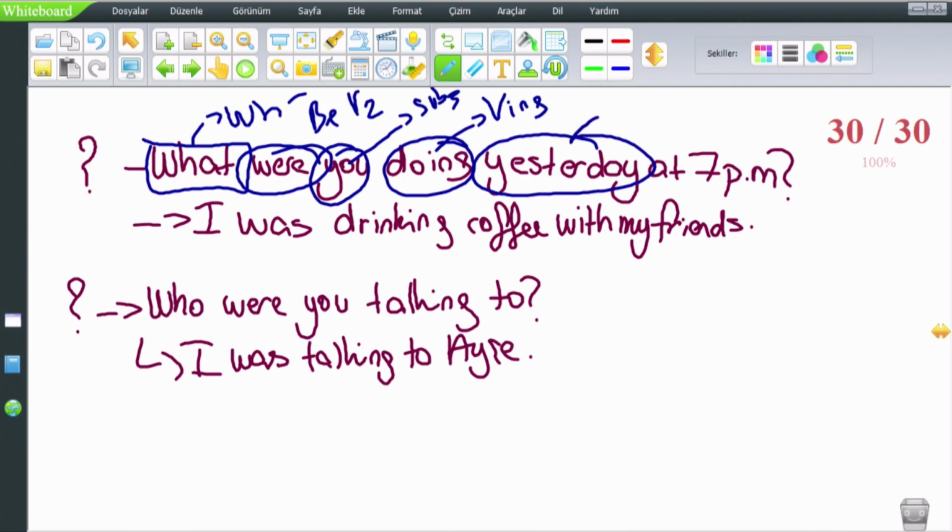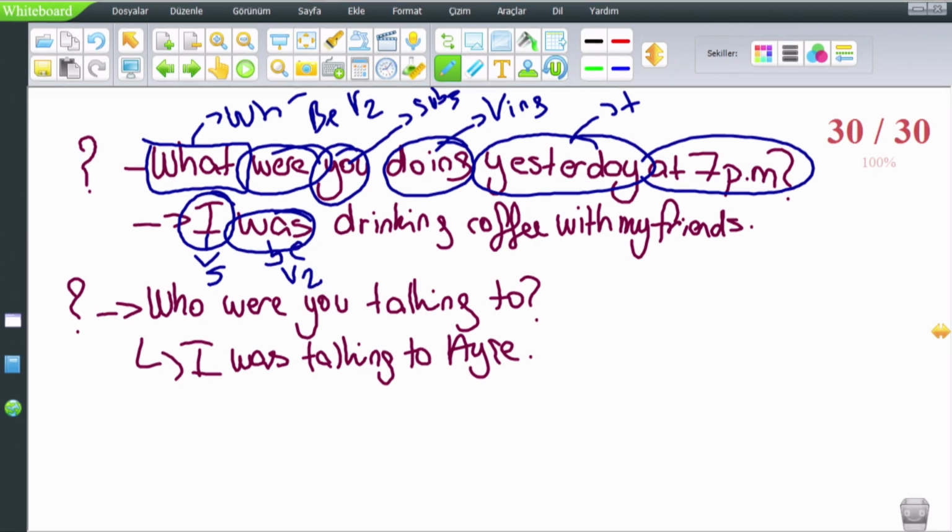We have a time expression here, also again time expression. And in the answer you can see an affirmative past progressive sentence starting with subject, be verb to form. Our subject pronoun is I, that's why we used was.